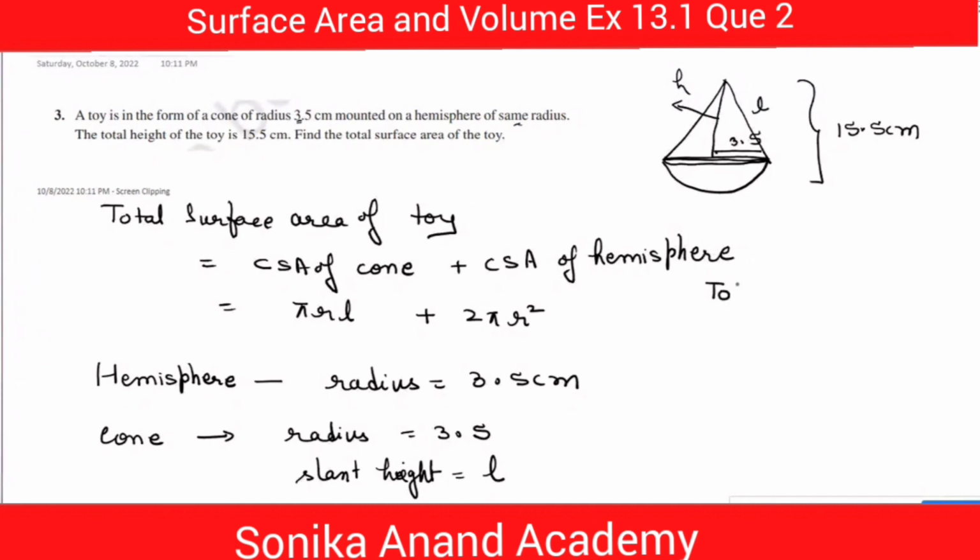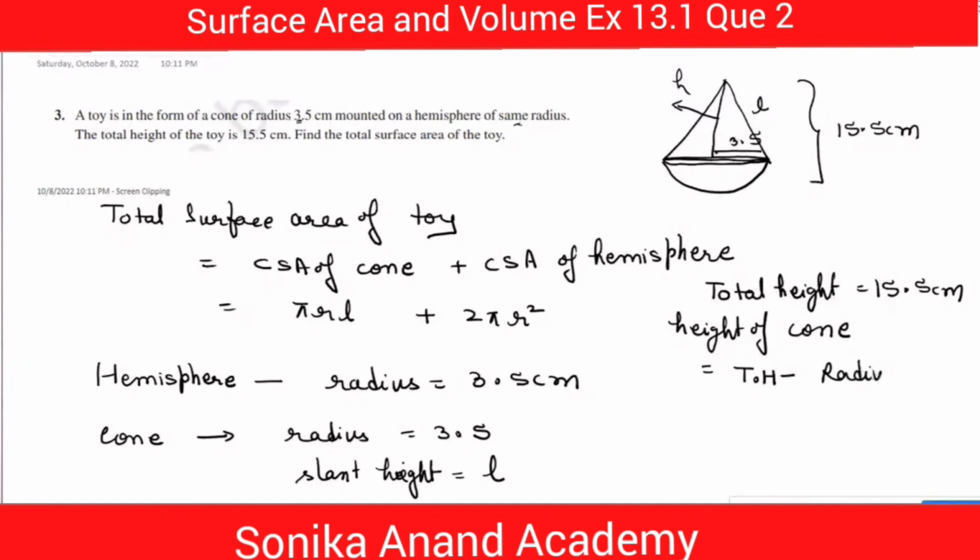Now the total height is equal to 15.5 centimeter. So the height of the cone is the total height minus the radius of the hemisphere, that is 15.5 minus 3.5, which is 12 centimeter.